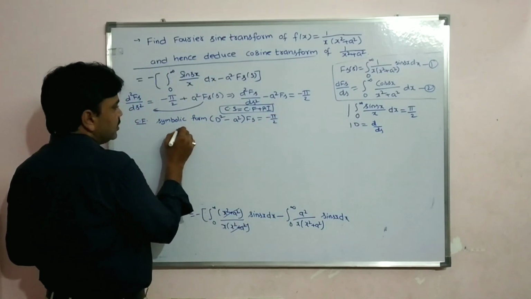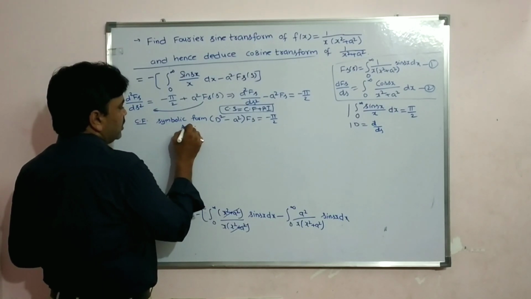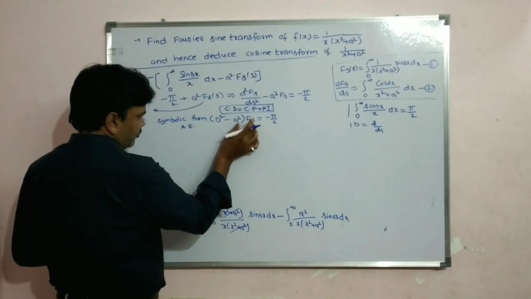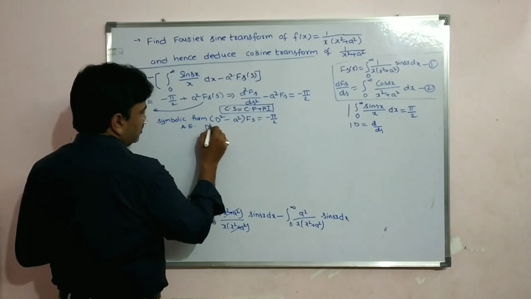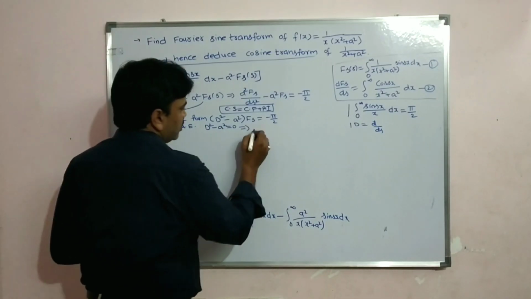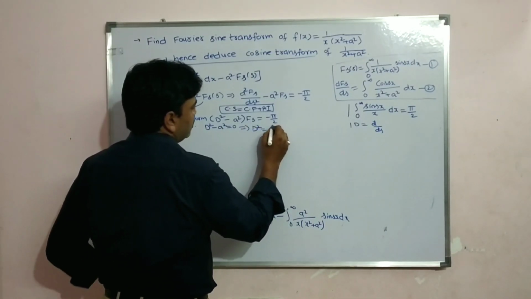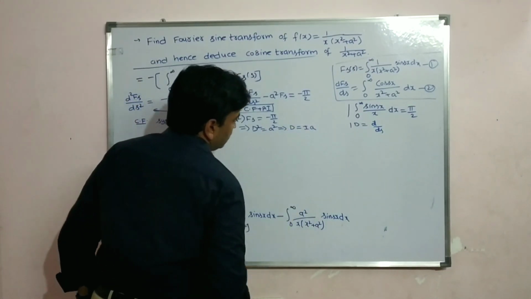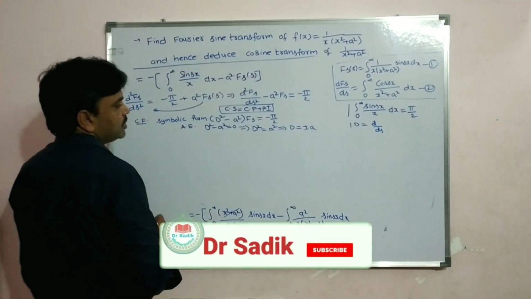Now you write the auxiliary equation, which means equating the coefficient of F(s) to 0. That means D² minus a² is equal to 0, that implies D² is equal to a², so D is equal to plus or minus a.